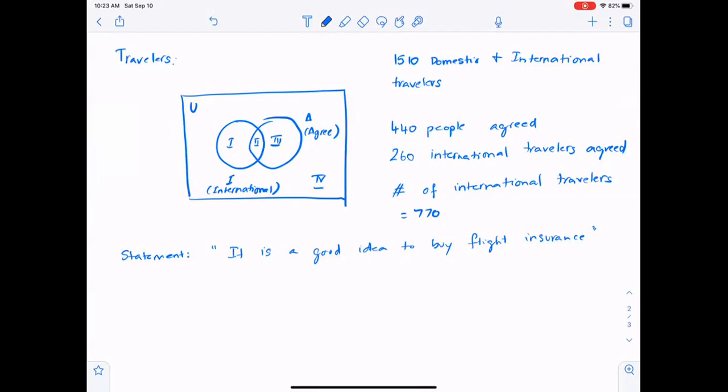We have a few bits of information in the problem. 440 travelers agreed with the statement. 260 international travelers agreed with the statement. The number of international travelers that we sampled or observed is 770.